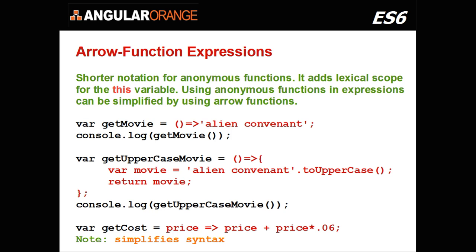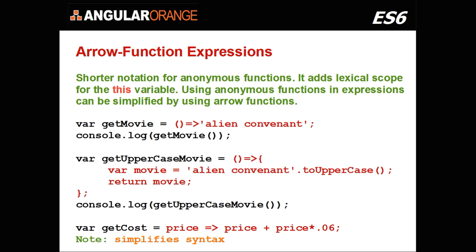However, if you have more than one line in the arrow function expression, you need the left curly bracket and the right curly bracket. So in the case of getUppercaseMovie, I add a left curly bracket and a right curly bracket, and I define the string to uppercase, and I return it.